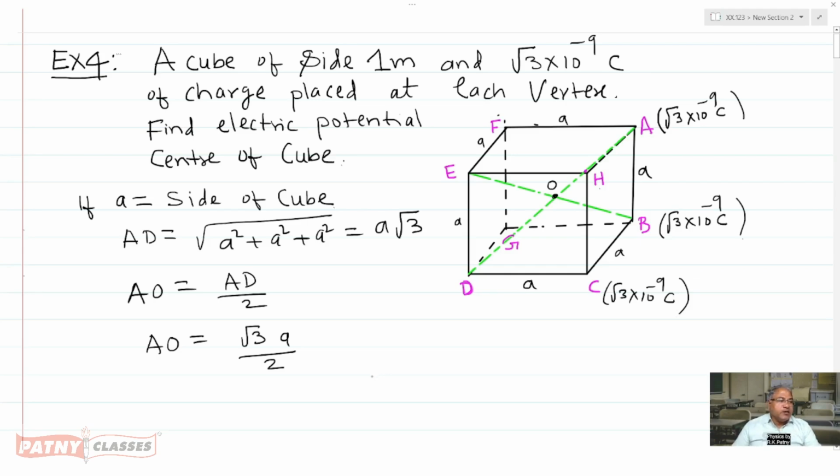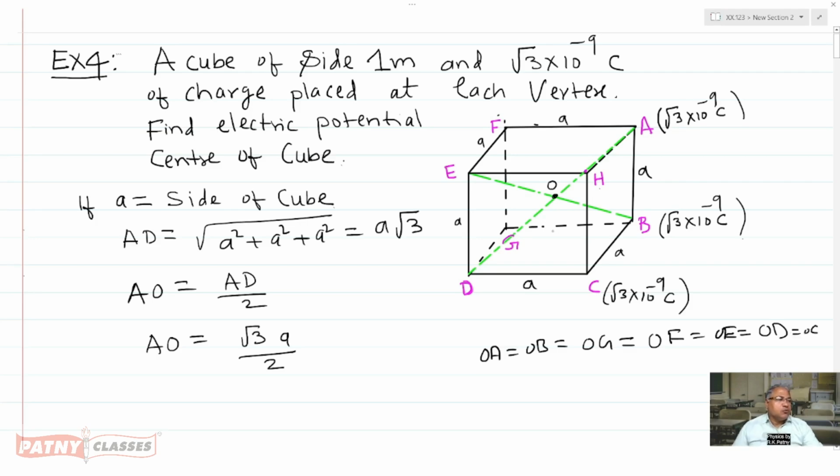Like this, at every vertex we placed a charge of root 3 into 10 raised to minus 9 coulombs. And the distance OA equals distance OB equals OG equals OF equals OE equals OD equals OC.